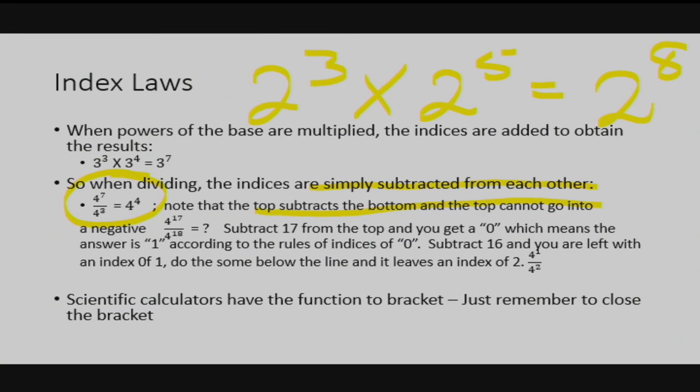You would, for instance, have 4 to the power of 17 over 4 to the power of 18, how are you going to solve this? Because if you take 17 away from the top, then you get 4 to the power of 0.